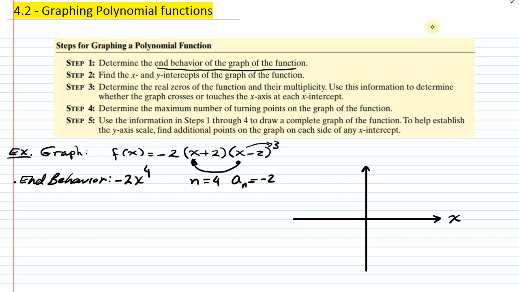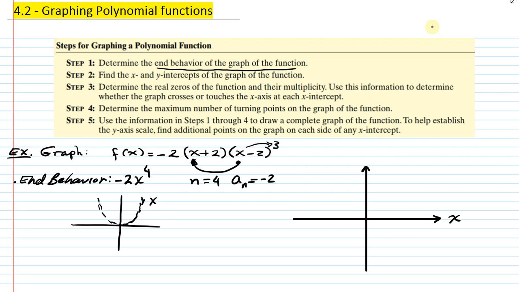Now, our x to the 4th is going to look like this. And this is x to the 4th. We looked at power functions also in the earlier section, section 4.1, the previous lecture to this one.